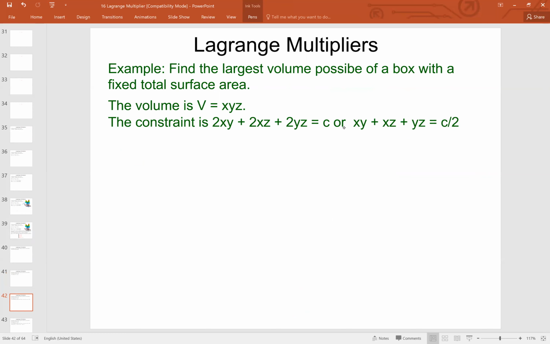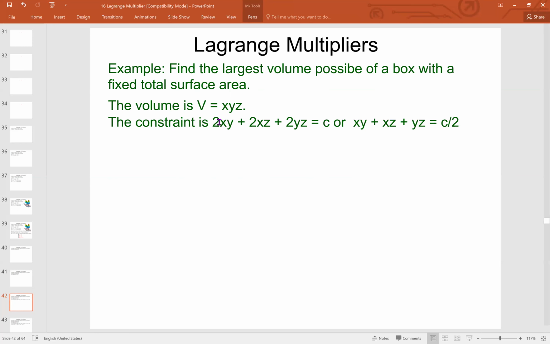Here's word problems, and we find the largest volume possible with a fixed amount of surface area. Well, the surface area is the constraint. The formula we want to maximize is x times y times z, the volume.